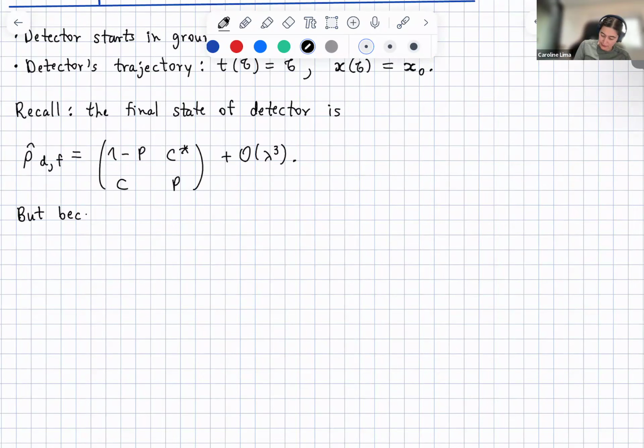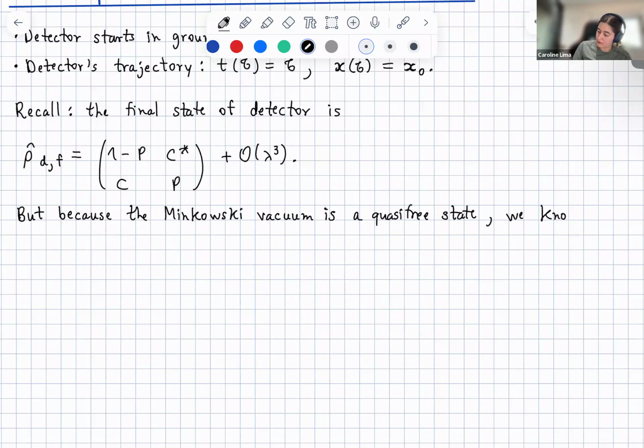So C is going to vanish, and the final state of this detector is going to be simply 1 minus P, 0, 0, P. We also know that the third order correction is going to vanish, because the 3-point correlator vanishes as well.